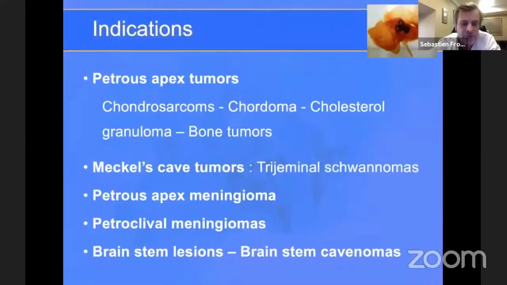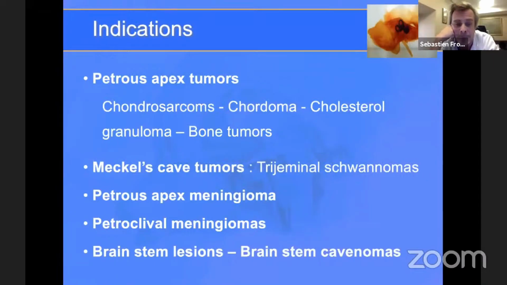What are the indications for this approach? Petrous apex tumors: chondrosarcoma, chordoma, cholesterol granuloma, no more in my practice because now I do it endoscopically for some bone tumors. It's an approach for Meckel's cave tumors, trigeminal schwannomas. We had some great examples from Professor Gold just before.